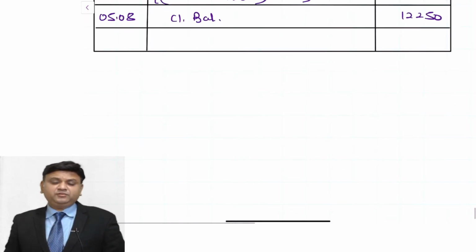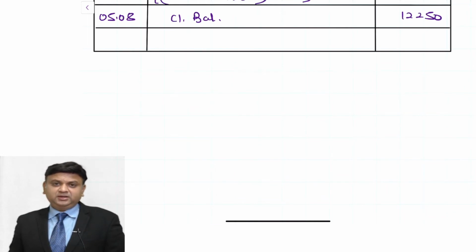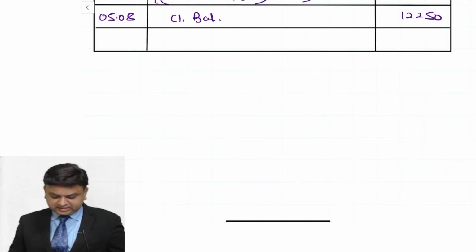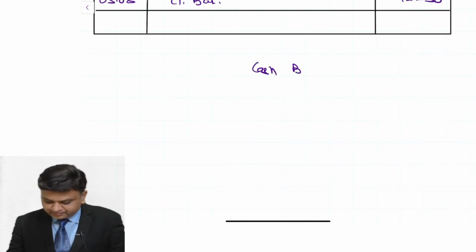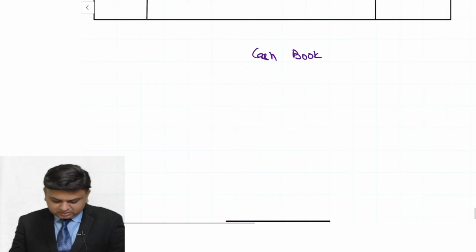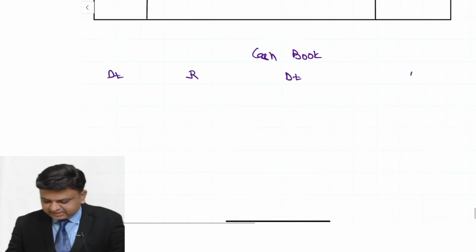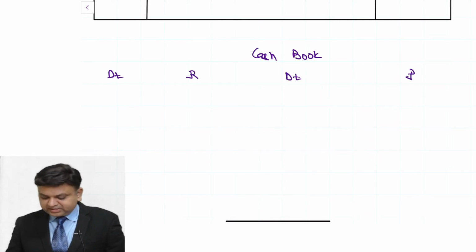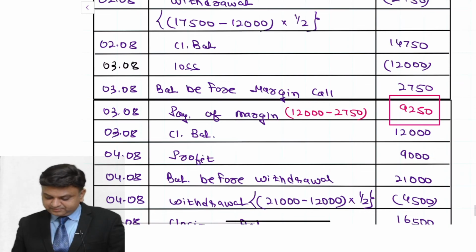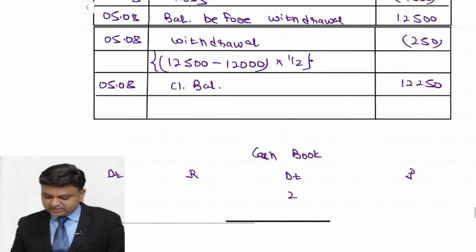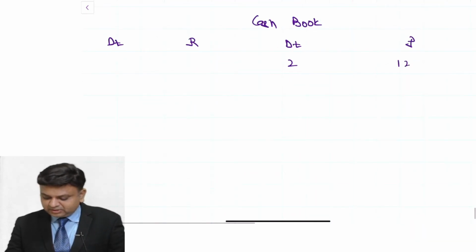This time again, if at all we want to cross verify the amount of the loss, then in that case you can prepare the cash book once again. In the cash book, date, receipt, date and payment. On 2nd of August, you make the payment of the initial margin, that is an amount of rupees 12,000 to enter into the transaction. Okay, so I am showing on the payment side.